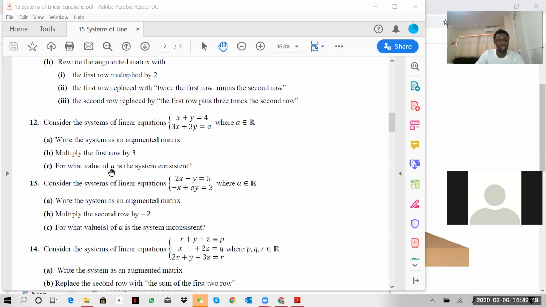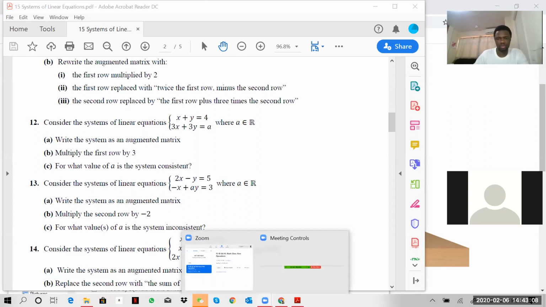So question 13, as you can see, says: consider the system of linear equations. So let's see. Write the system as an augmented matrix. So let's go back to the board.